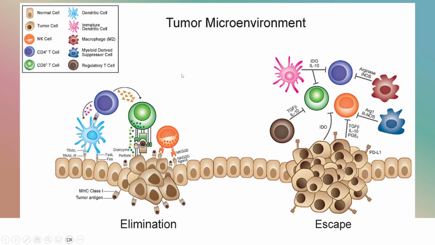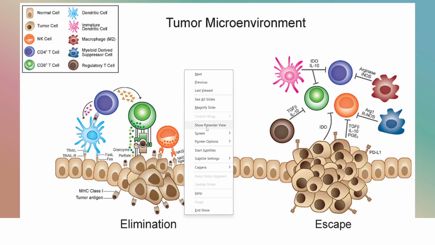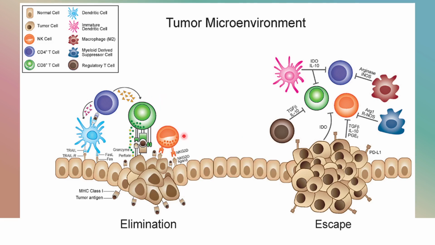Fine. So here in this figure, you can see different types of cells are present. It is the representation of tumor cells. These are the normal cells and these are the tumor cells.